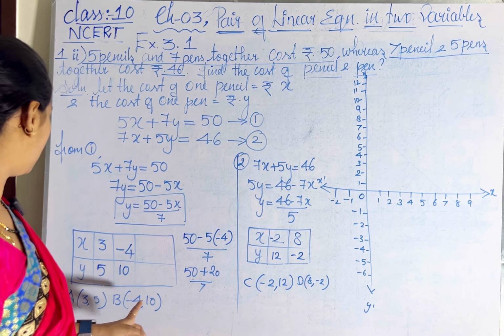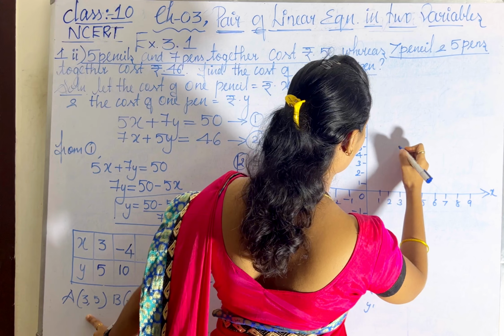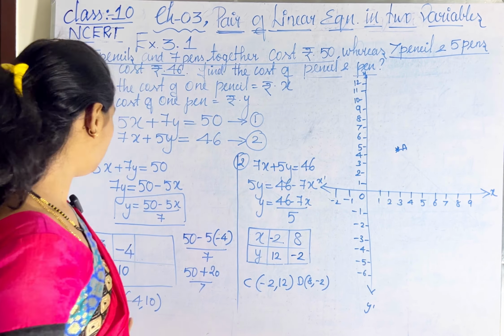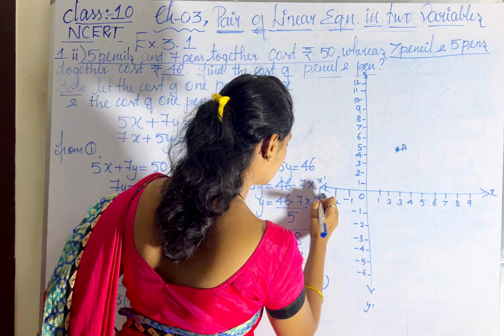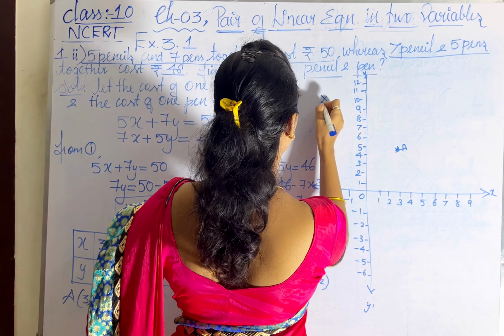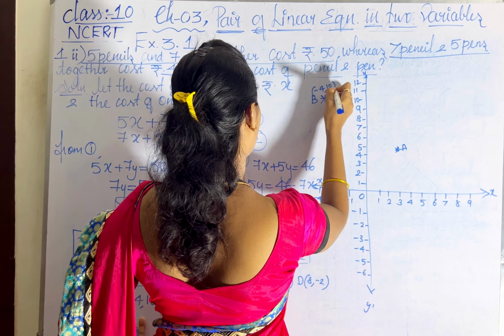So let me plot the point A, 3, 5. X axis 3, y axis 5. So this is A. Then B we have minus 4, 10. So x axis minus 4, 10. B minus 4, 10.